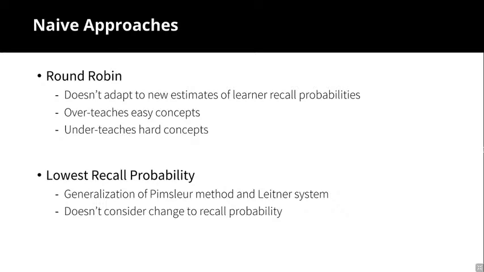And there's another intuitive approach which we can consider. Actually, it could be viewed as a generalization of the popular Pimsleur and Leitner systems. That corresponds to the lowest recall probability heuristic, where if you look into the forgetting curve, at every iteration we look into all the m items and find the item that has the lowest current recall probability.